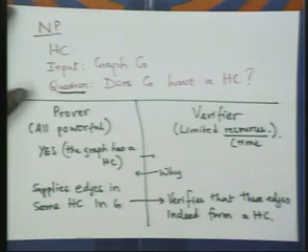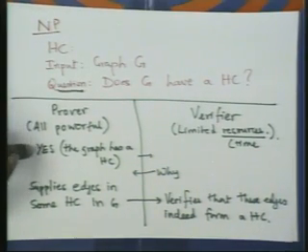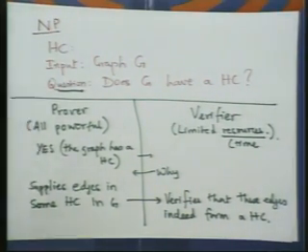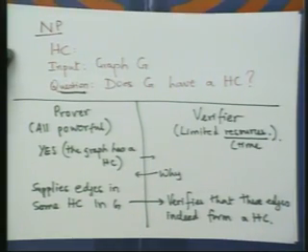For Hamiltonian circuit, for a yes input, which means the graph does have a Hamiltonian cycle, there is a proof that the prover can give the verifier. This proof consists of edges in some Hamiltonian cycle, and using this the verifier can easily verify, in polynomial time, whether the graph has a Hamiltonian circuit or not. So this actually proves that the problem Hamiltonian circuit is in the class NP.